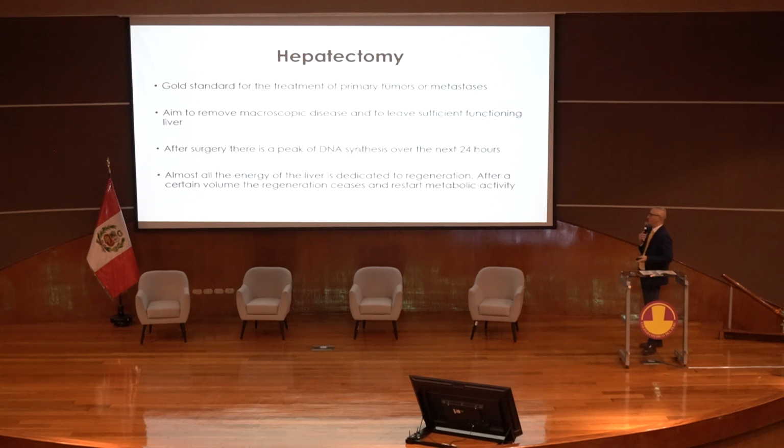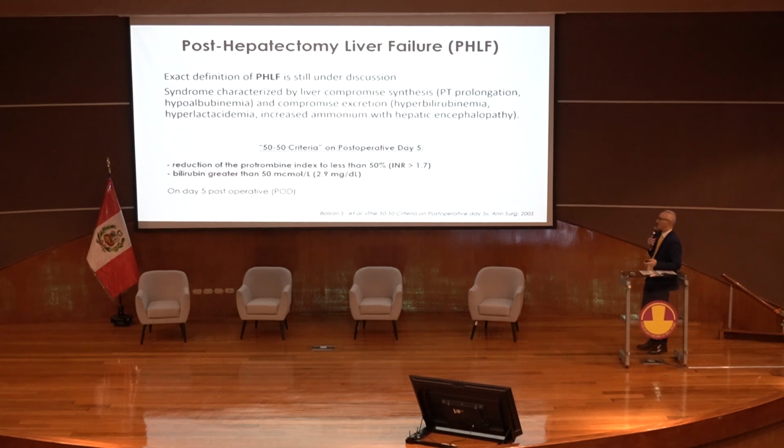We remember, of course, that the indication of the hepatectomy is the treatment of primary tumors or metastasis of the liver. And we have to remember that there are some different definitions of post-hepatectomy liver failure. One of these is the 50-50 criteria.